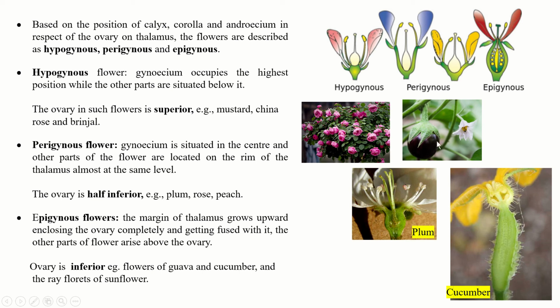In brinjal flowers also you can see the calyx is below and the ovary is on top.